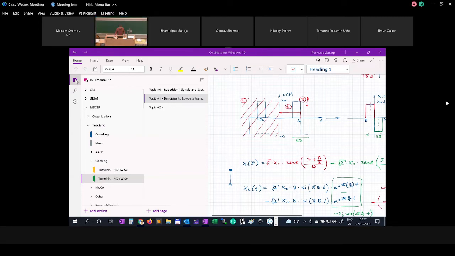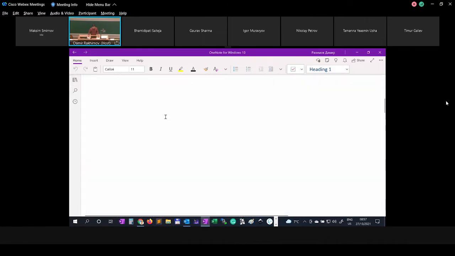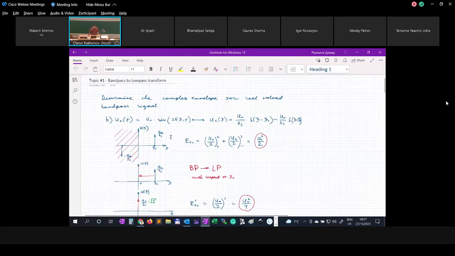Okay, let's start. Last time we started a discussion about the bandpass to low pass transformation, and we discussed the algorithm: what you should do when you want to calculate a signal in the low pass range. The procedure was very simple. You take your original signal, go to the frequency domain, and cut all negative frequencies.